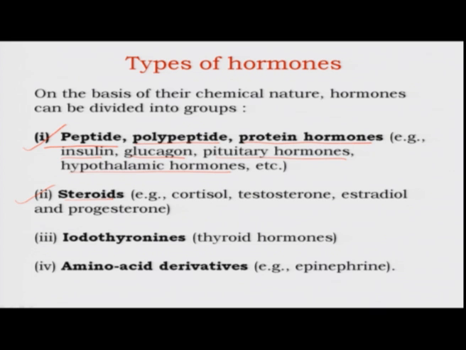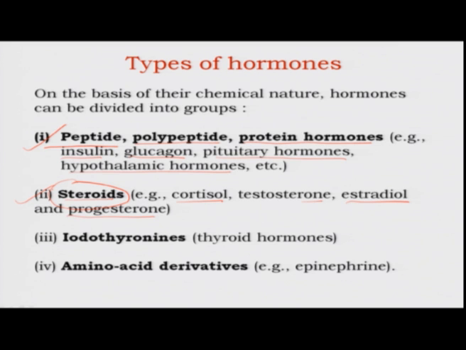And the examples of these are cortisol, testosterone, which is secreted from the testes, estradiol and progesterone, which are secreted from the ovaries in females. So, these are reproductive hormones as well as certain other hormones produced from the adrenal gland, called together as steroid hormones.